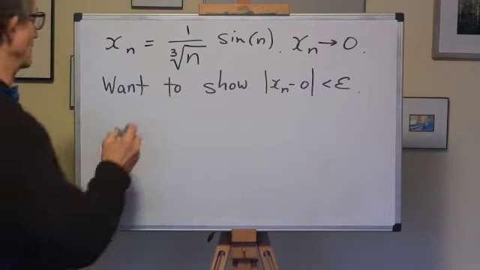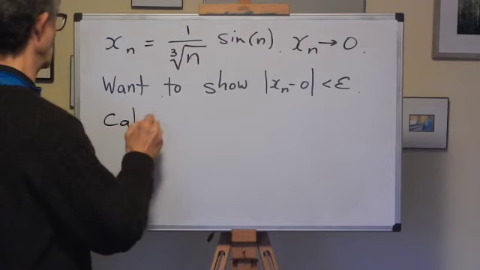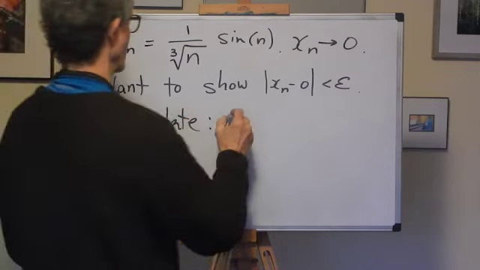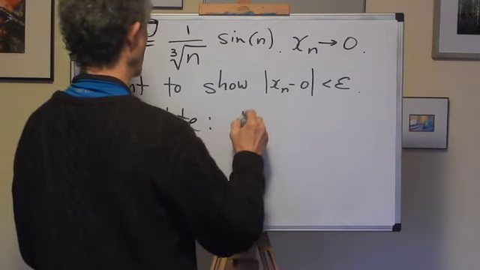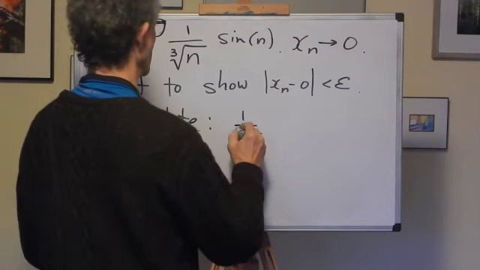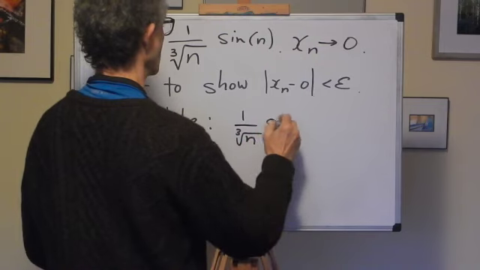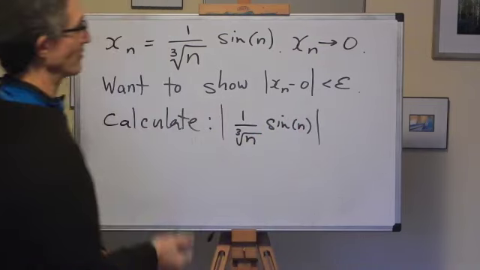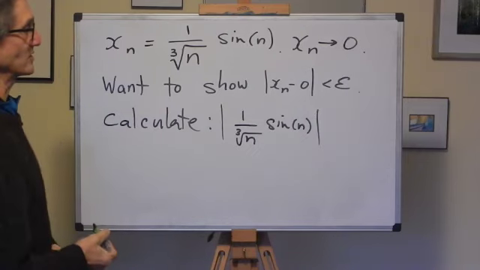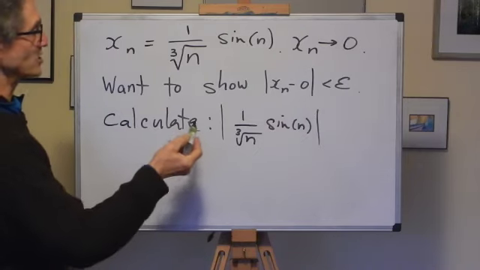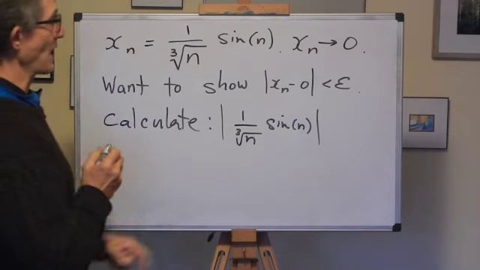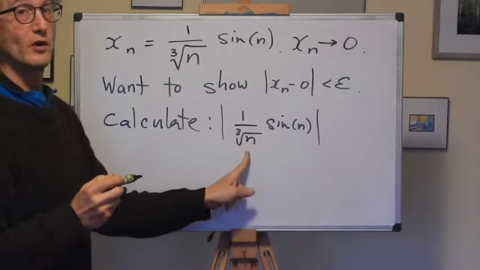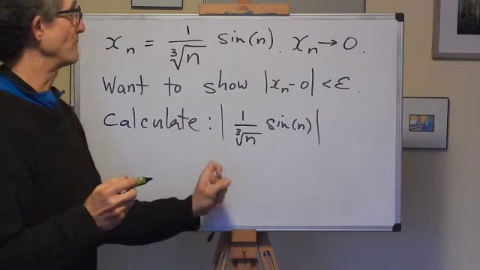So let's do some calculation. If we look at 1 over the cube root of n times sine n, subtract 0 and take the absolute value, so the 0 doesn't change anything, then we want to show that this is small. Now, I think what's going to make it small is this term here, 1 over the cube root of n.